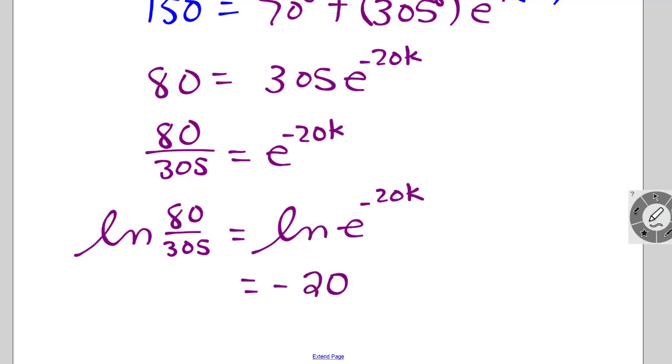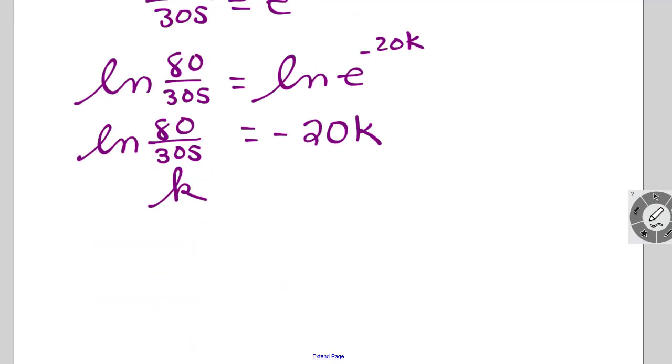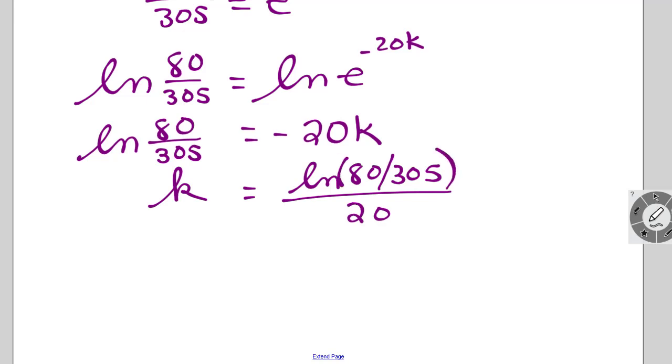So I've got negative 20k is equal to the natural log of 80 over 305, or k equals the natural log of 80 over 305 divided by 20.